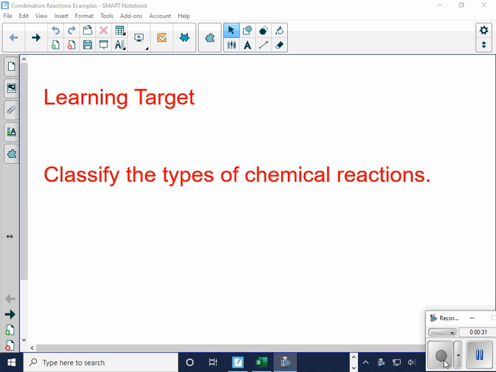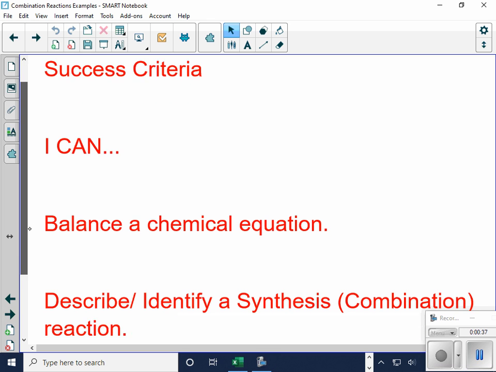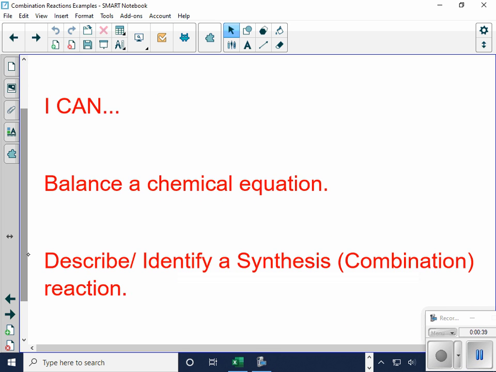As I go on to my success criteria, I need to be able to, number one, balance a chemical equation. So not only are we going to identify and write these combination reactions, we're also going to balance them. I can describe slash identify a synthesis combination reaction.